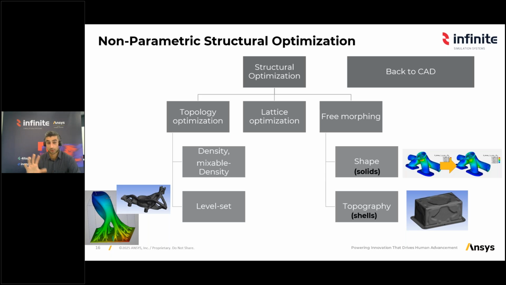But also in the field of non-parametric optimization, there have been nice improvements, not only in 25R1, but over the last years, actually. Topology optimization has been there for quite some time, but we've seen some nice improvements also in morphing technologies like shape optimization and topography optimization for shells. So also this is an exciting new update for Mechanical.